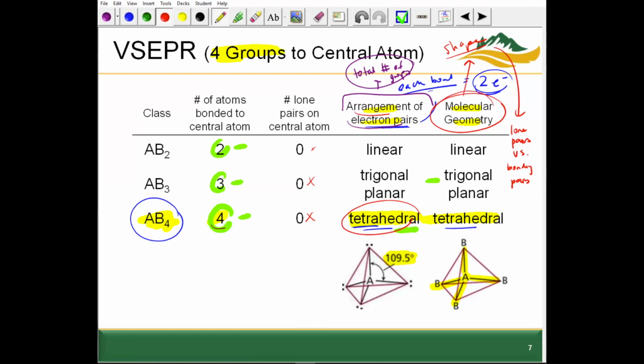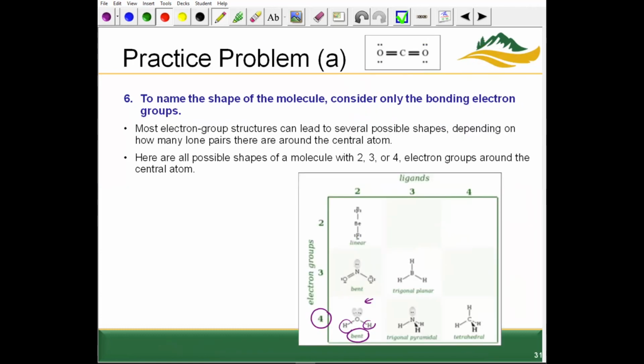For the molecular geometry, however, that's when we start to compare number of lone pairs versus bonding pairs. So tetrahedral arrangement of electron pairs, but for the molecular geometry, we are looking at bent molecular geometry.